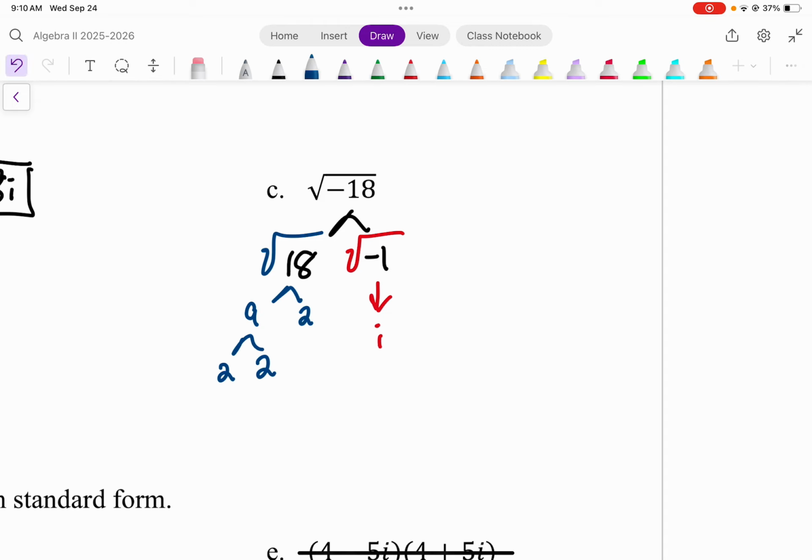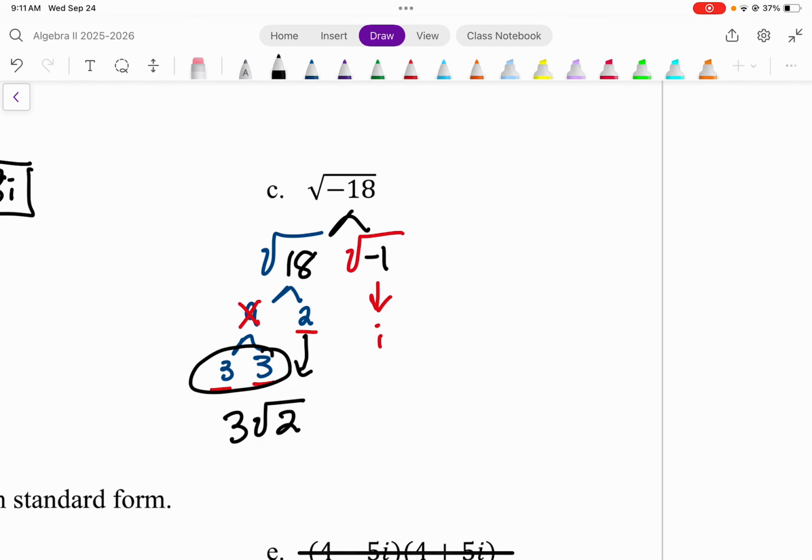Once we do the factor tree for 18, we start with 9 and 2, and then 9 factors into 3 and 3. We're only looking at the numbers at the end of our branches. That's what we are needing to simplify. So we have a pair of 3s that can go outside of the square root, and then the 2 doesn't have a pair, so that is underneath the square root when we write our final answer.